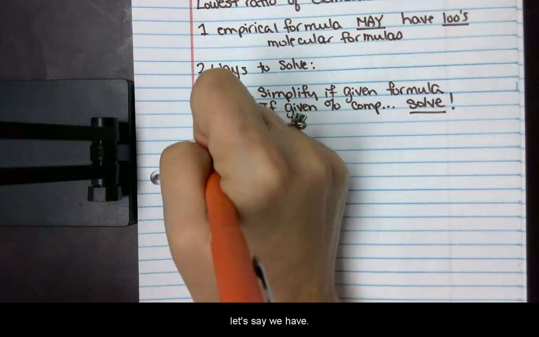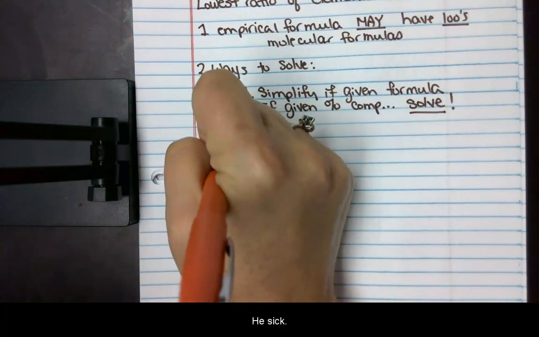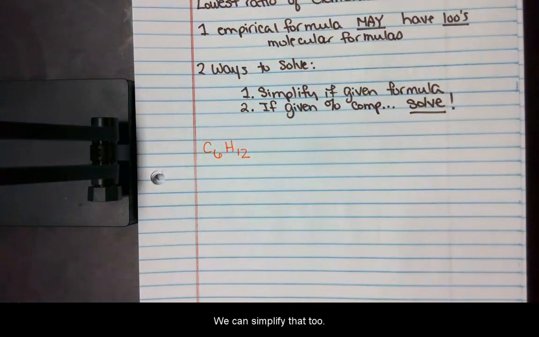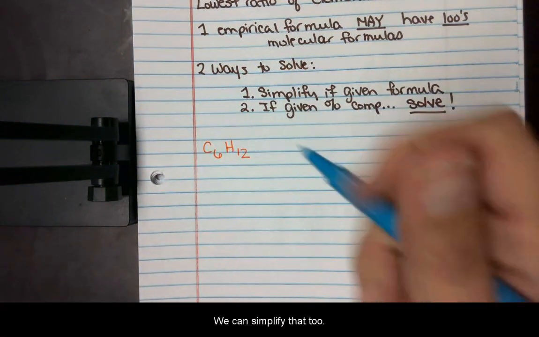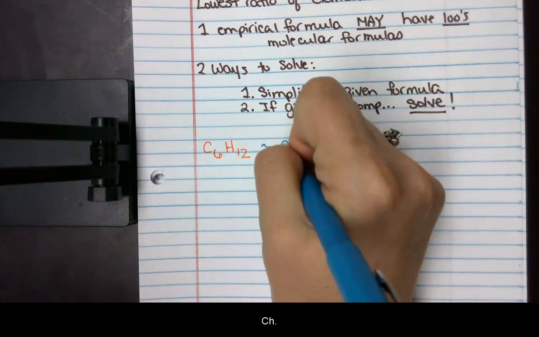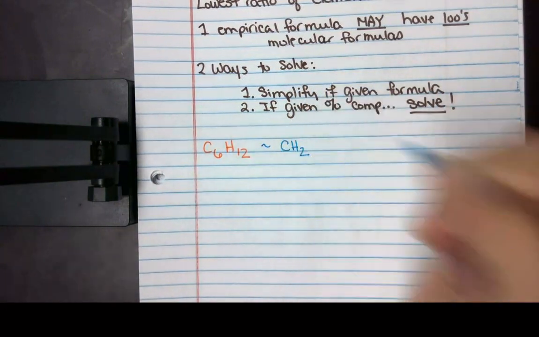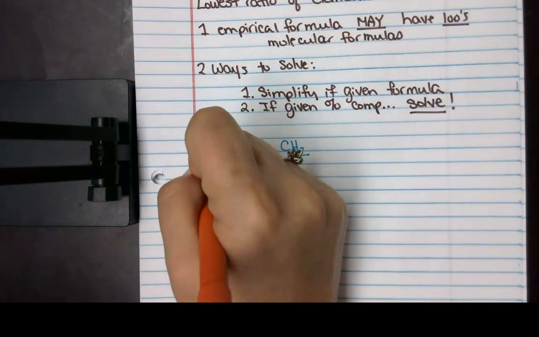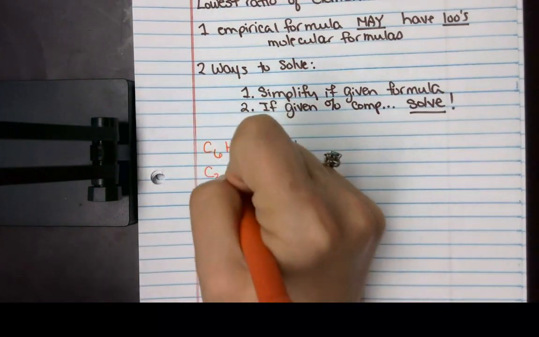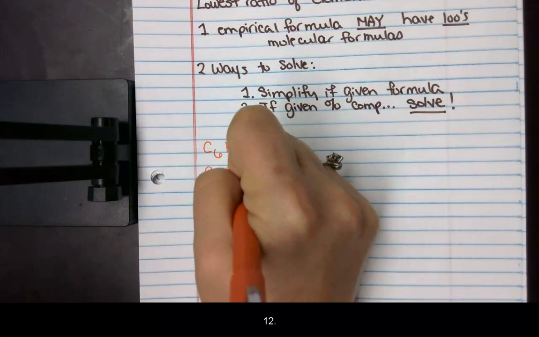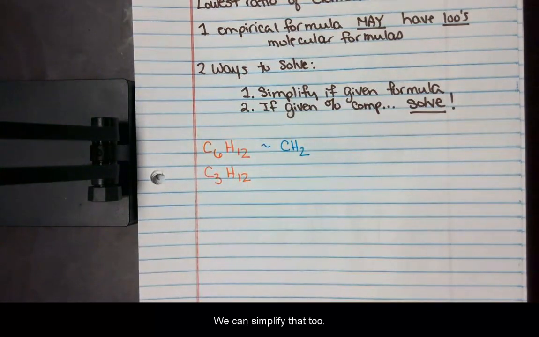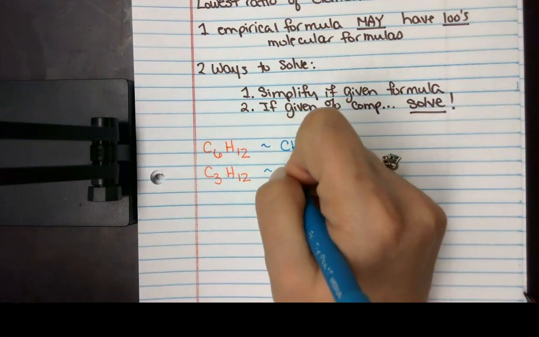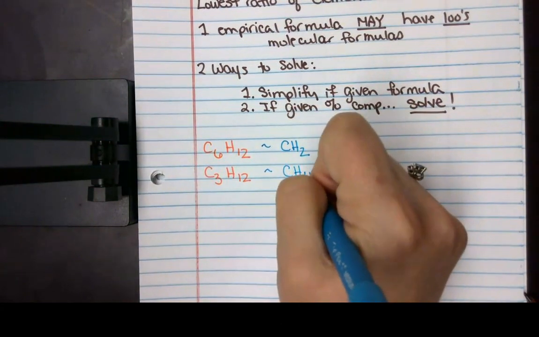So let's say we have C6H12. We can simplify that to CH2. If we have C3H12, we can simplify that to CH4.